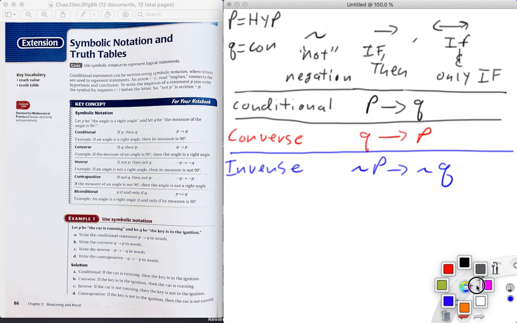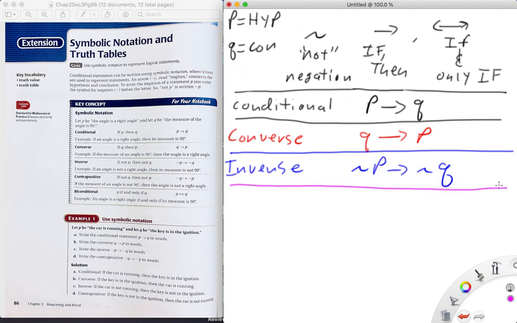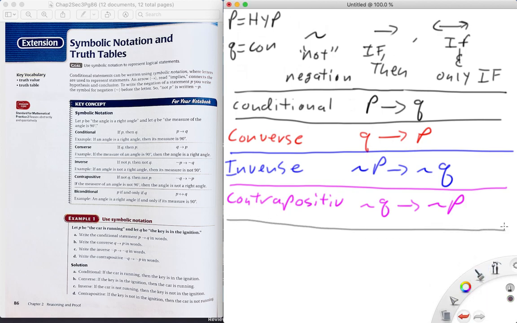And then we have the contrapositive, which is the negation and the converse, which is if not Q, then not P. And then lastly we have the biconditional.